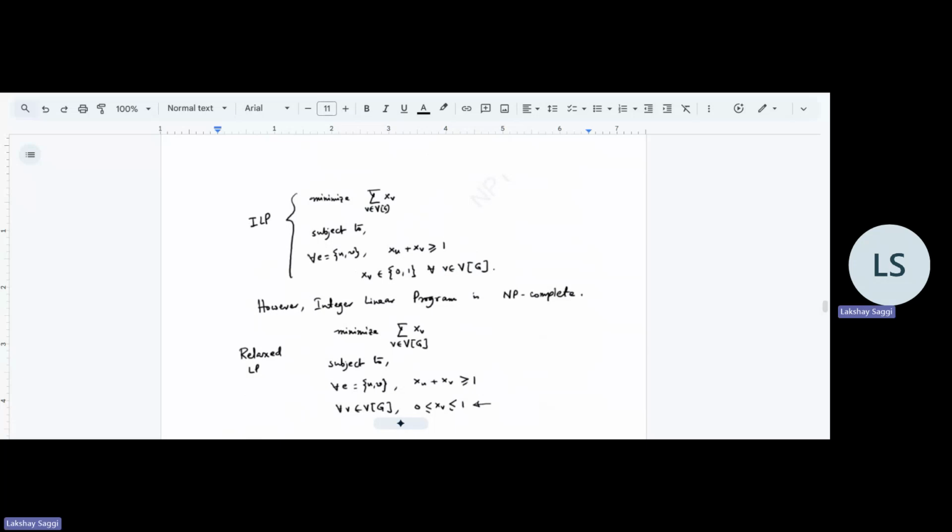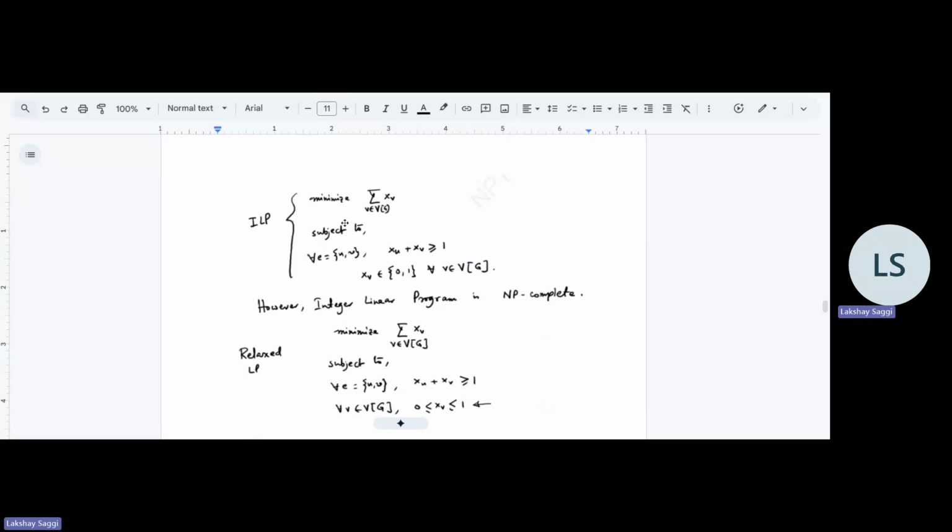So why are we even studying these linear programs? We are talking about linear programming to obtain good approximation algorithms for some problems at hand. And what's the standard template for designing approximation algorithms using linear programs? Let's come to that.